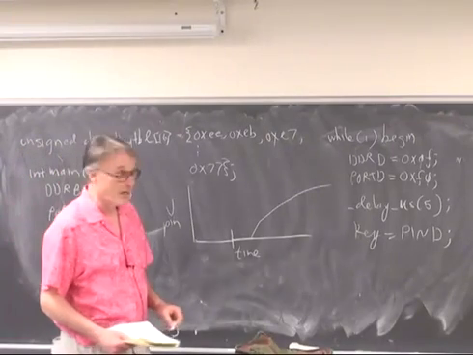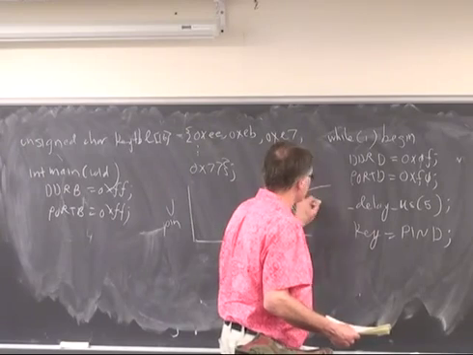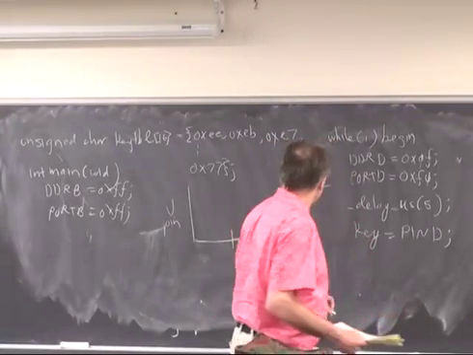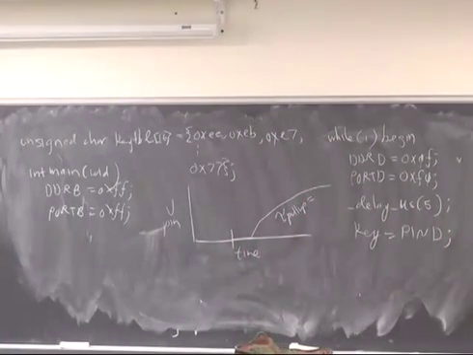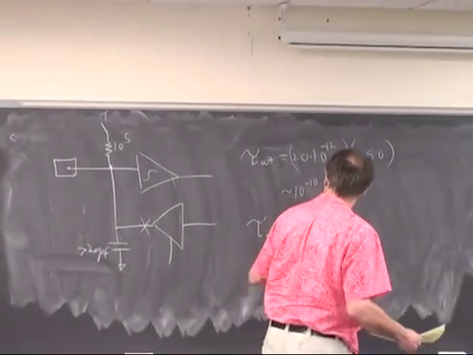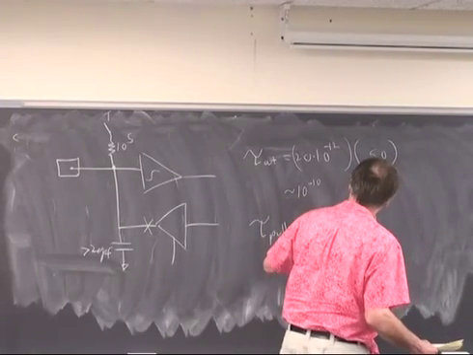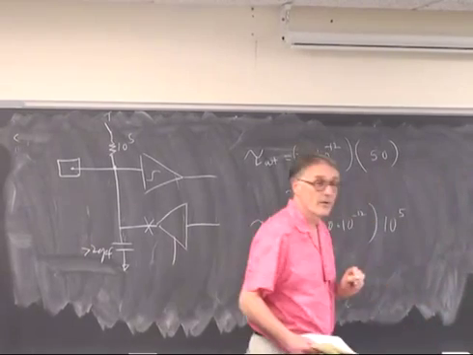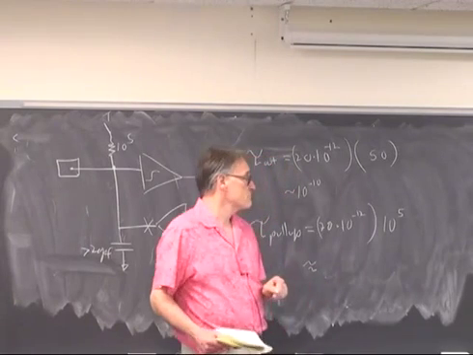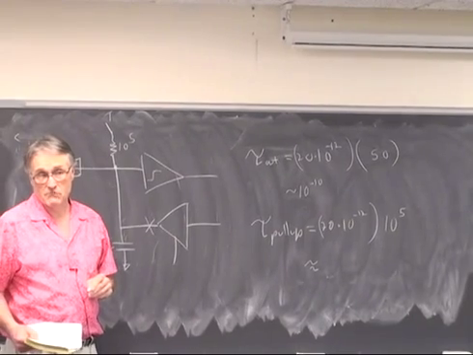towards VCC through the pull-up resistor. What's that time constant? Tau pull-up is 20 times 10 to the minus 12 times 10 to the 5th, which is 2 microseconds, right?